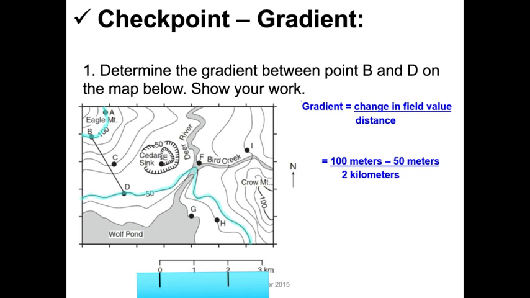We simplify this equation to be 50 meters over 2 kilometers. Now, when I take 50 meters and divide 2 kilometers, my answer is going to be 25 meters per kilometer. So for every kilometer I walk forward, I'm going up 25 meters, or down 25 meters if you're going downhill.